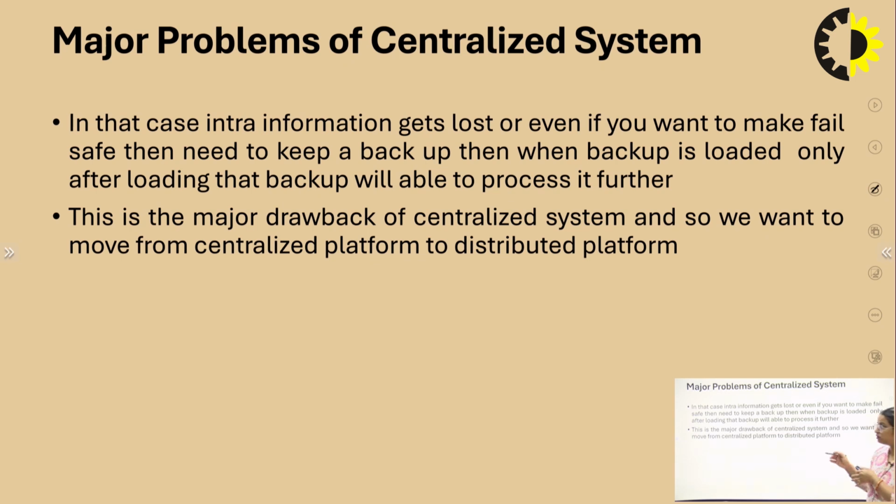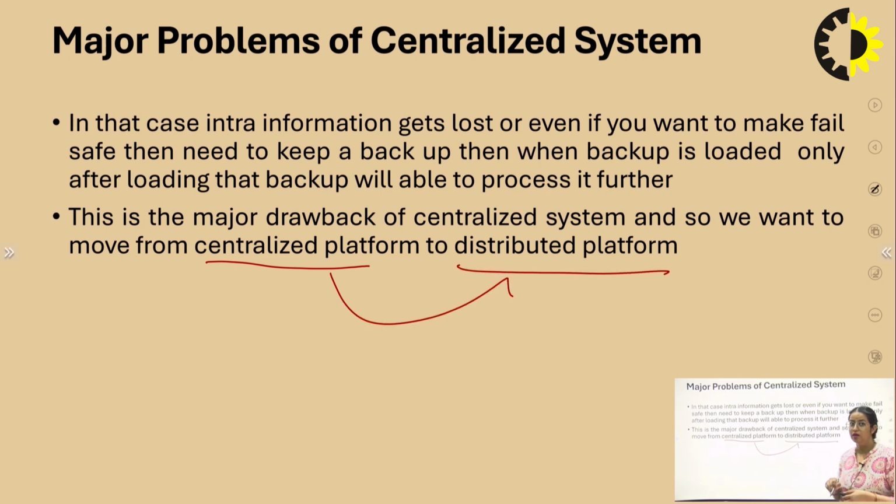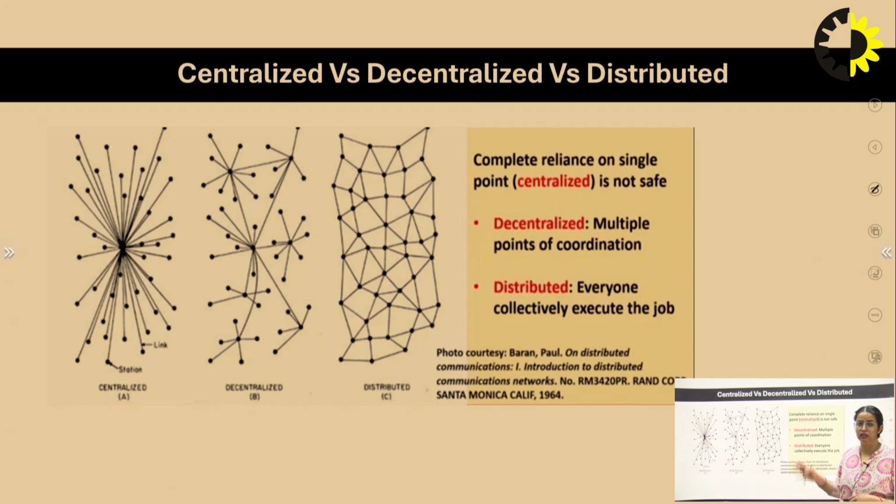After centralization, we move on to the distributed platform. Now there is the second term, the distributed platform. I will now compare all three terms: what is centralized, what is decentralized, and what is distributed.